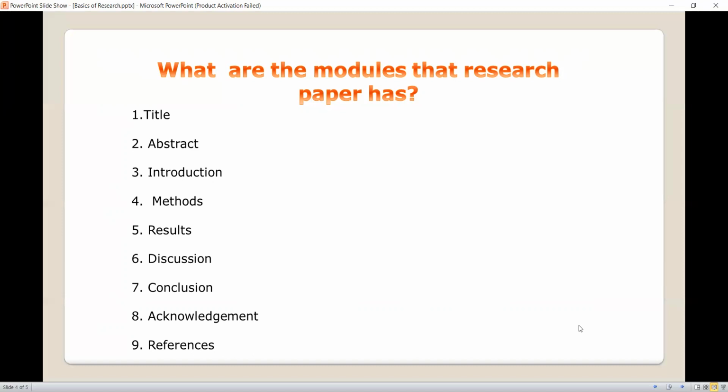And then come to the abstract part. It is a quick overview or summary of the paper, what the paper contains, and it contains the main points of the entire paper. And in this section, we can see the aim of the study. So this is about the abstract, and then come to the introduction part.